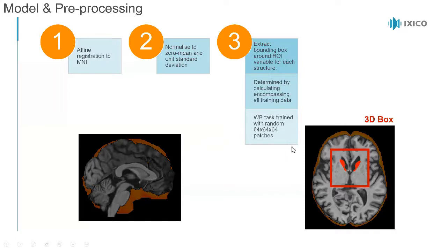The whole brain is different again because we feed random 64 cubed patches into the network to train. The final thing we do is to augment the data set by flipping left to right.